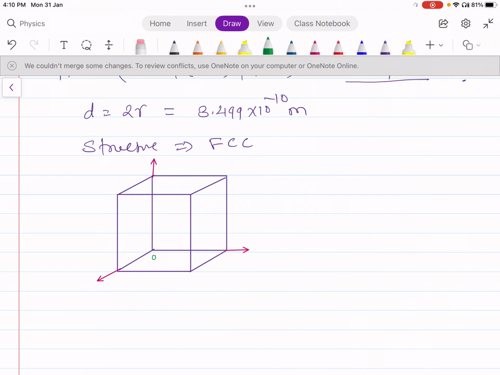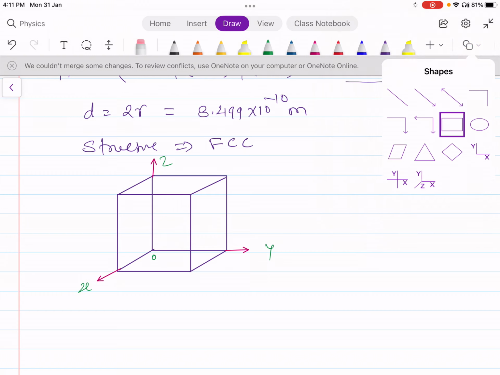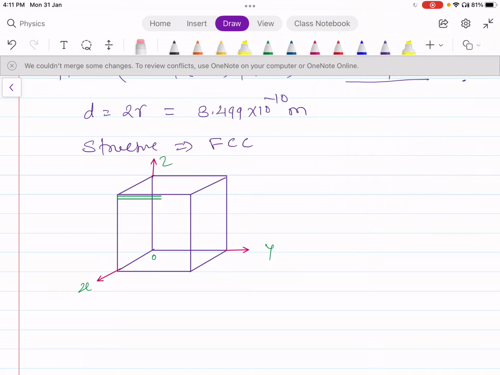So this is the origin here. This is the x-axis, y-axis and z-axis, and my 100 plane is this plane.